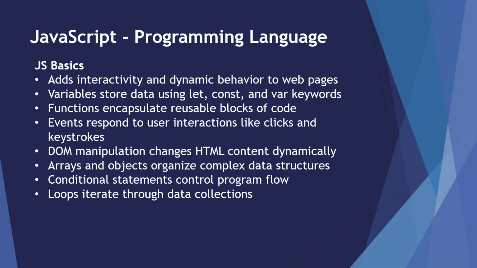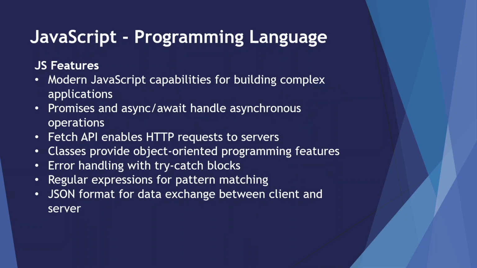Arrays and objects organize complex data structures. There are conditional statements, if or else, that control the program flow. And then we have loops that iterate through data collections. Now, other JS features: modern JavaScript is capable of building complex applications, and it has async await, which handles asynchronous operations.